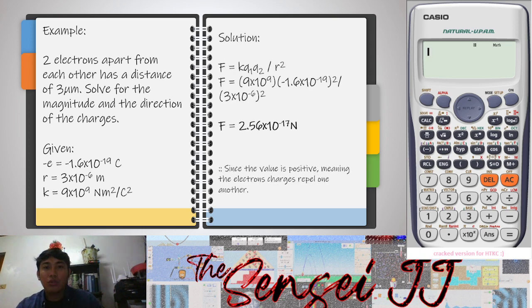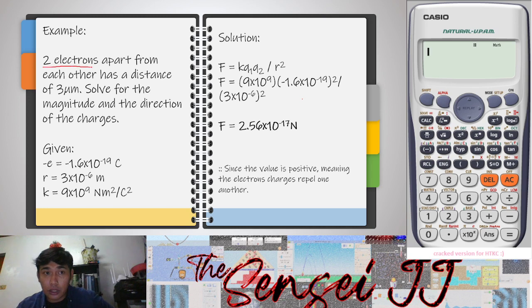Okay, we have here our solution, which is F is equivalent to K times Q1 Q2 all over R squared. F is equivalent to 9 times 10 raised to 9 times negative 1.6 times 10 raised to negative 19. As you can see, we have here a square. If we have a square, meaning we have used the two electrons.